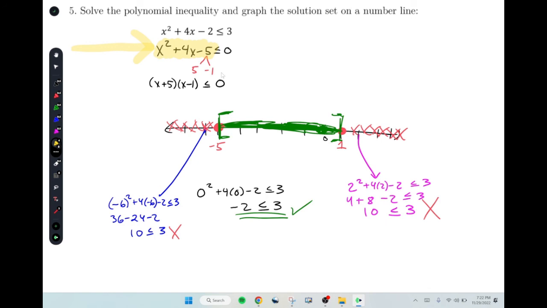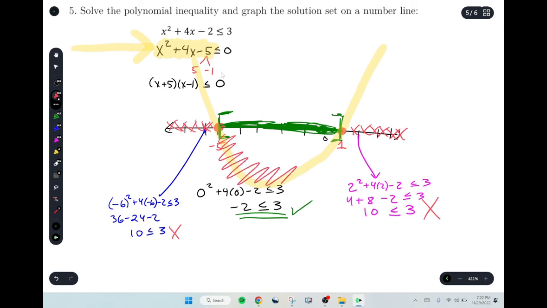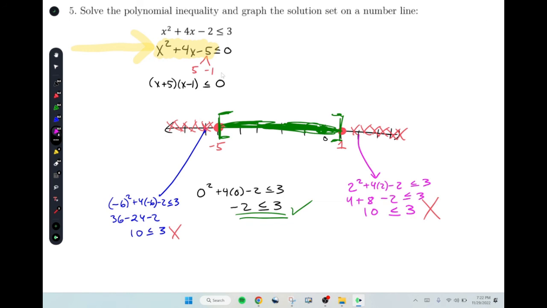So if I draw a happy parabola hitting those intercepts, watch this. Where is that happy parabola less than 0? Right here. And that co-aligns perfectly with those shaded areas we just drew. You can look at your parabola and know where that happy parabola is less than 0 based on that less than or equal to sign. Just a way to double check.